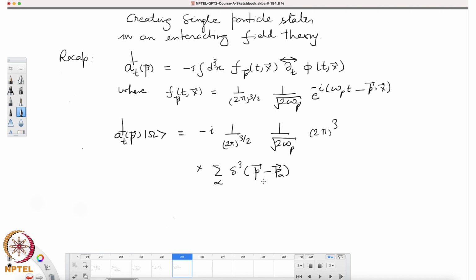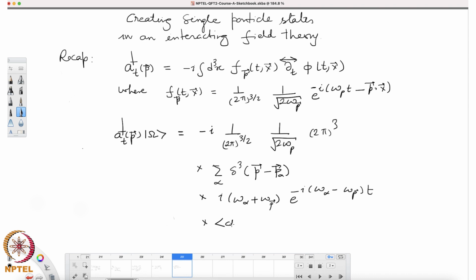So that's this summation over alpha, and you had this delta cubed, and then there were some other factors, omega p t, times alpha, or maybe I'll change the order compared to last time.